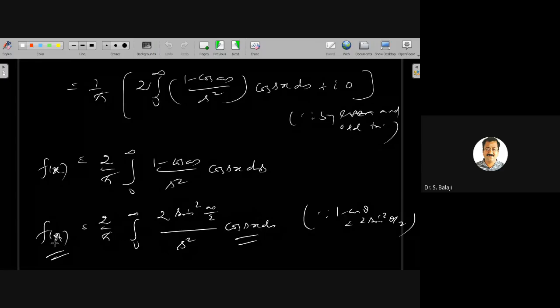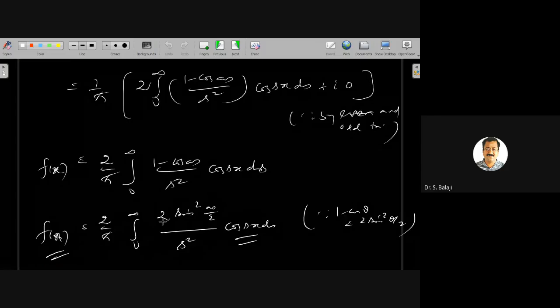You can get the left side as f of x, and the right side also has x here. For both sides, put x equal to 0. We cannot replace the s value, because we have to get the sine square t by t square form, which we can replace finally. But here, if you eliminate this term, we have to put x equal to 0, both on the left and the right side, in order to leave the result unaltered.